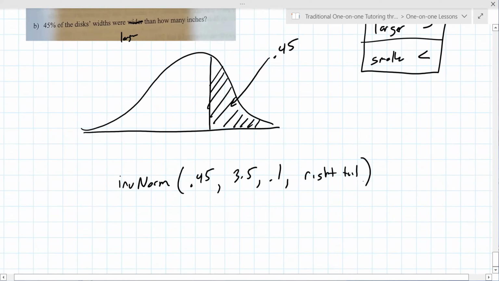I'm not sure what you would see on your calculator for that, but if you could give that a try, let me know what you come up with. 3.51. Yes.